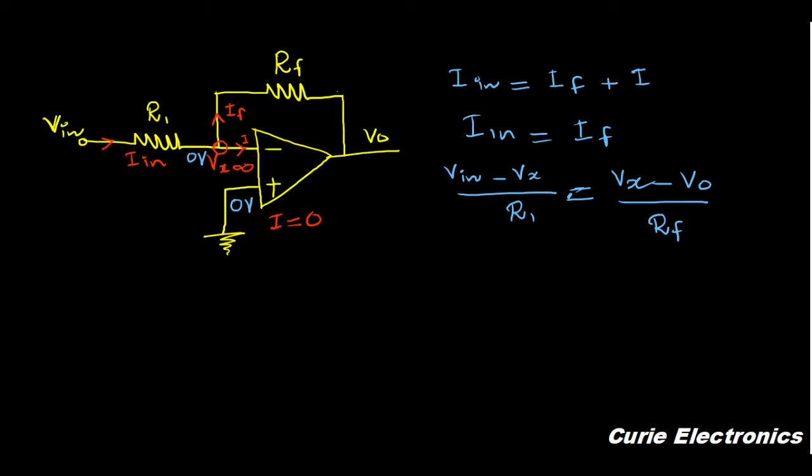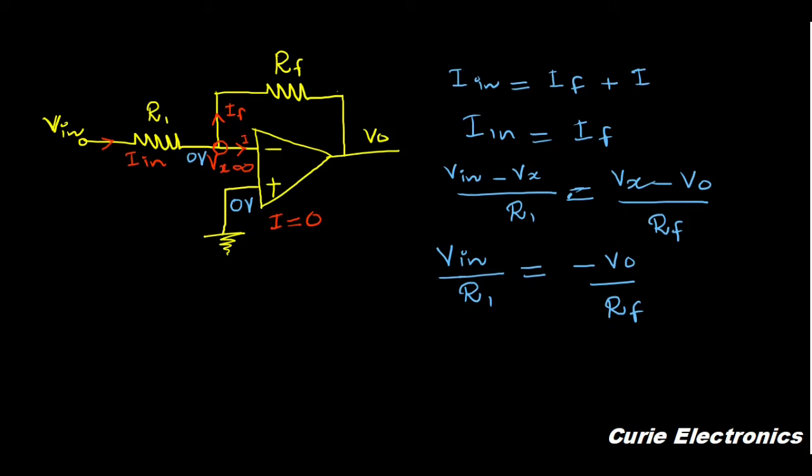Okay, now how do you simplify? This Vx we know is 0 due to the virtual ground. So we can write Vin upon R1, because Vx equals 0, equals 0 minus Vout upon RF. Now what we need is the output voltage.